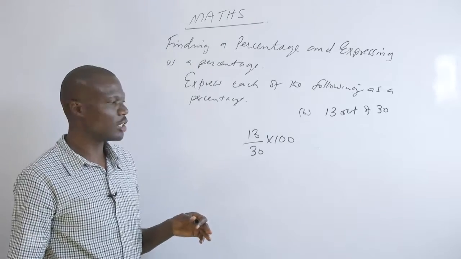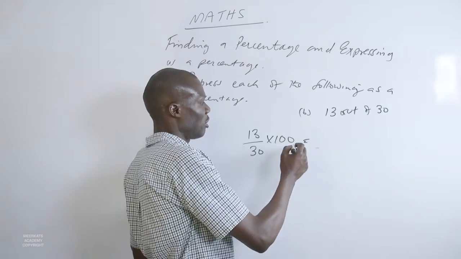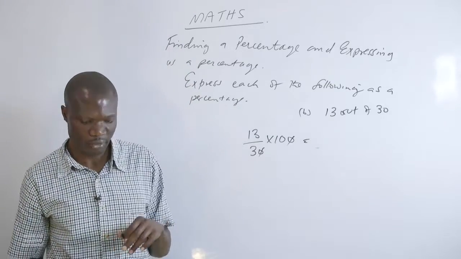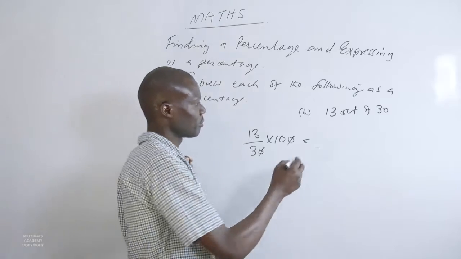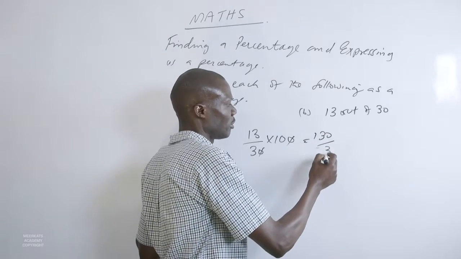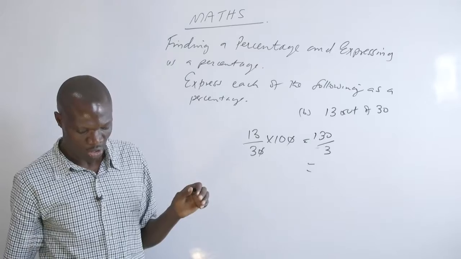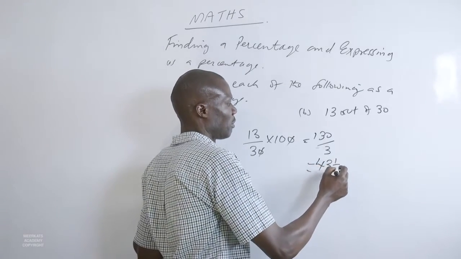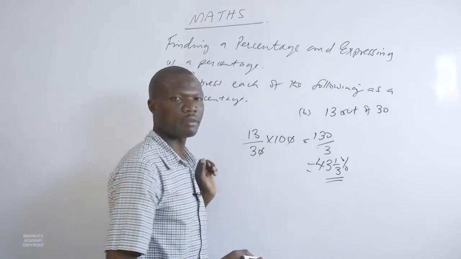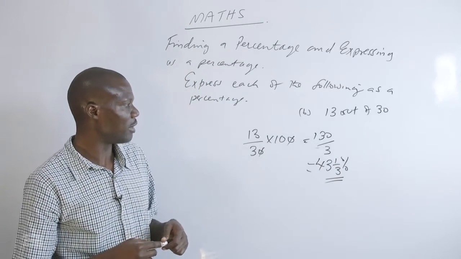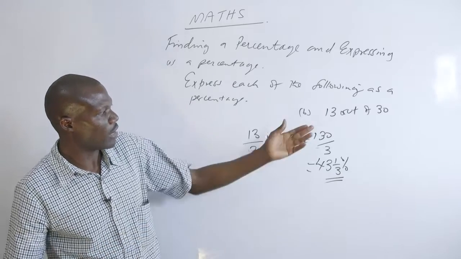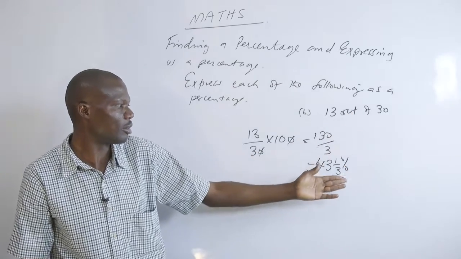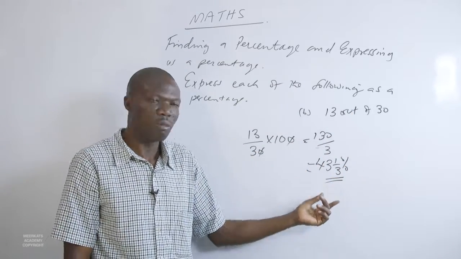When you do this, it will give us 130 over 3, which is the same as 43 1/3. So 13 out of 30 is equivalent to 43 1/3%.